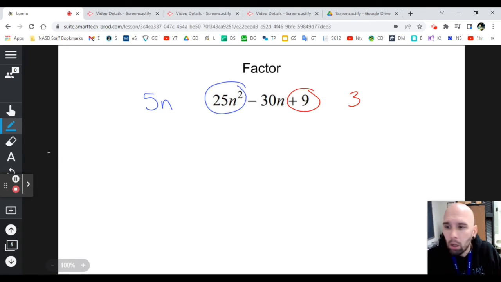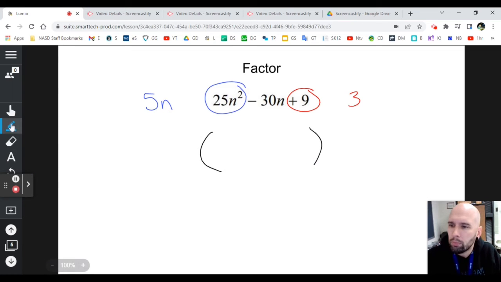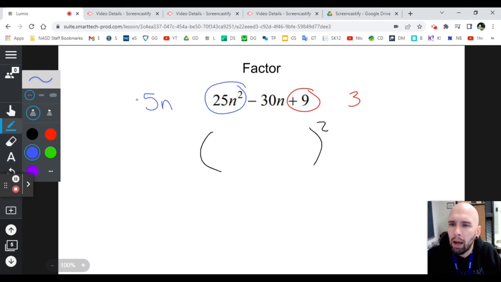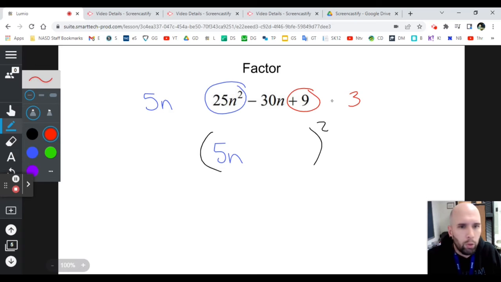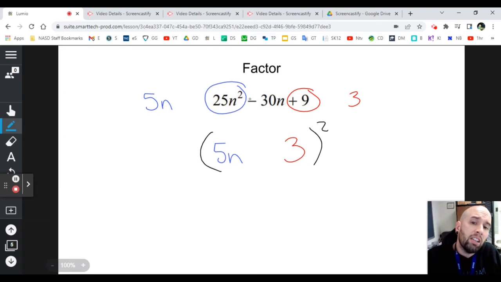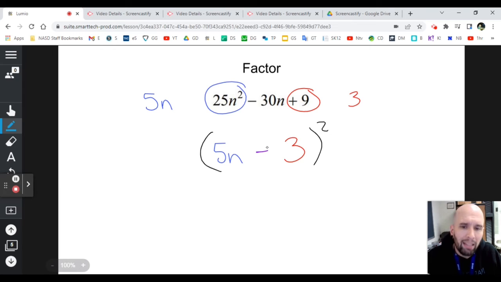Yes, I do. So I'm going to write my own set of parentheses and square it. I'm going to write my 5n first, and my 3 second. And since this is a minus sign, I have to use a minus symbol. And that's it.